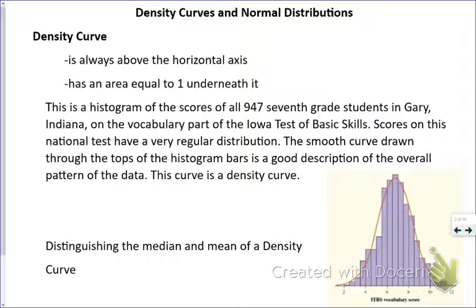A density curve is something that's always above the horizontal axis. If I was to calculate somehow using calculus or stats or a computer program the entire area under the curve, it would be 1.0, or in terms of percents, 100%. So a density curve, I'll make a note, is for continuous data.